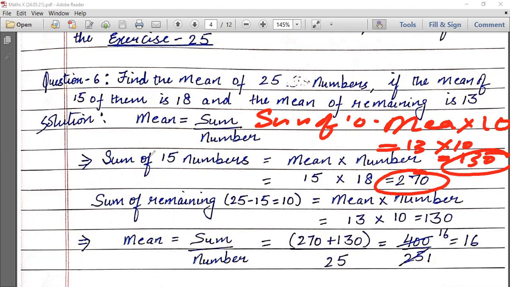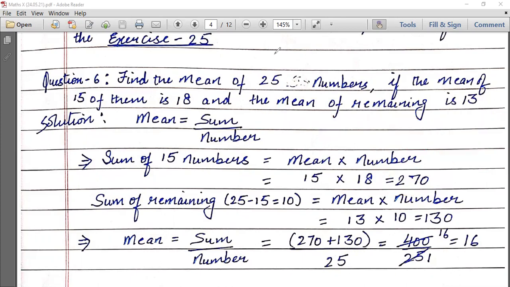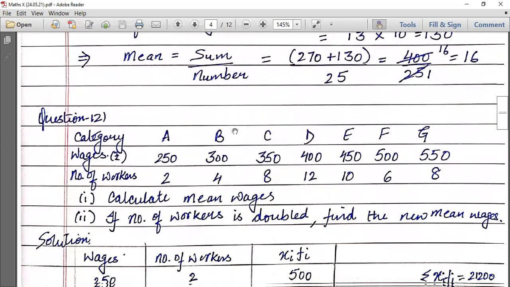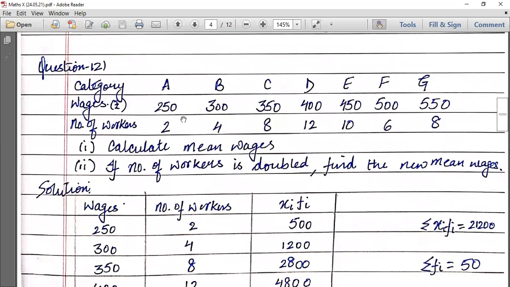So the sum of 25 numbers is equal to 400. Now you can easily find the mean: the sum of the 25 numbers divided by the number of observations, that is 25. When you divide it, you will get 16. So children, what is your answer here? 16.